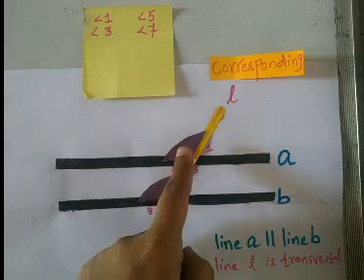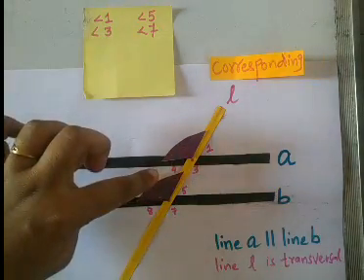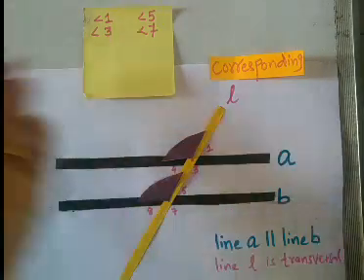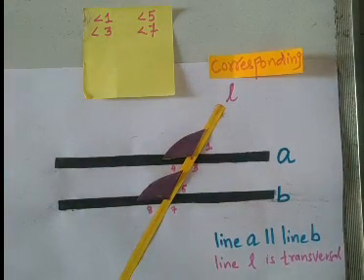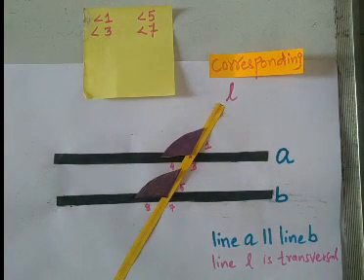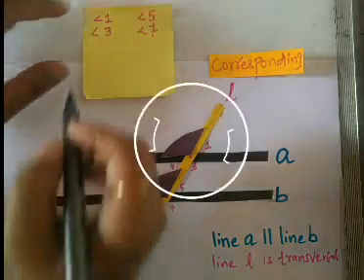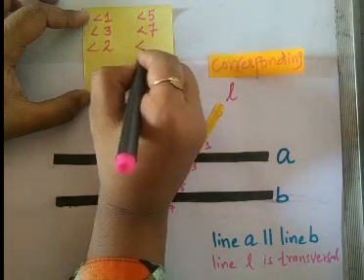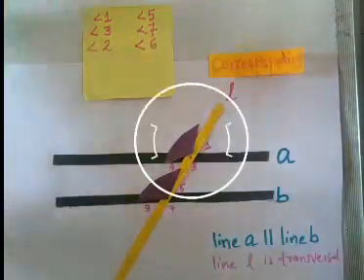So angle number 2, leave angle number 4, angle number 6. Both are on the left side of the transversal, and there is a gap of one angle between them. So angle number 2 and angle number 6 are corresponding to each other.